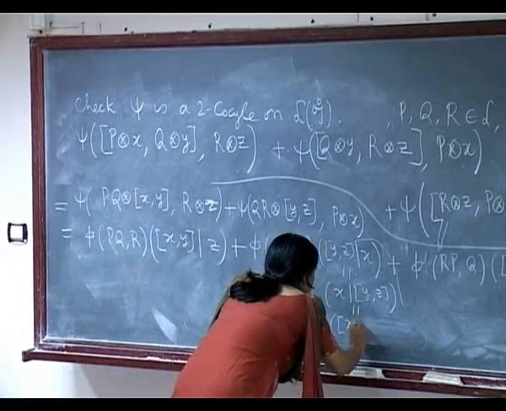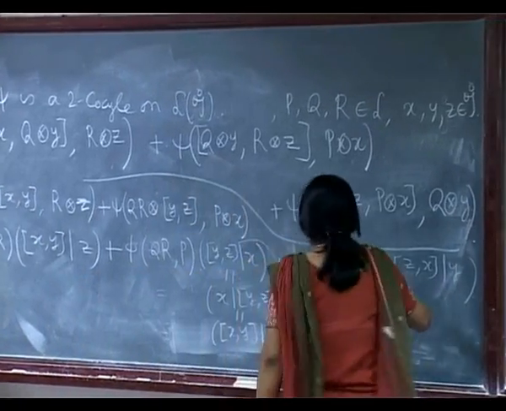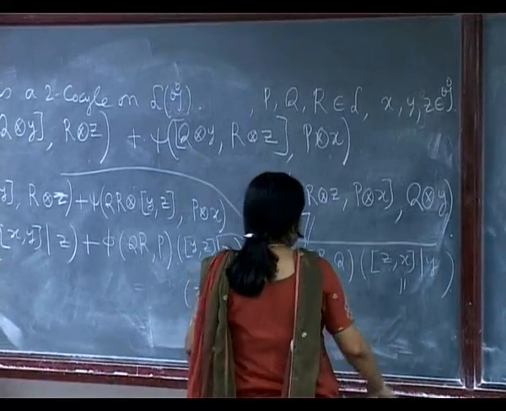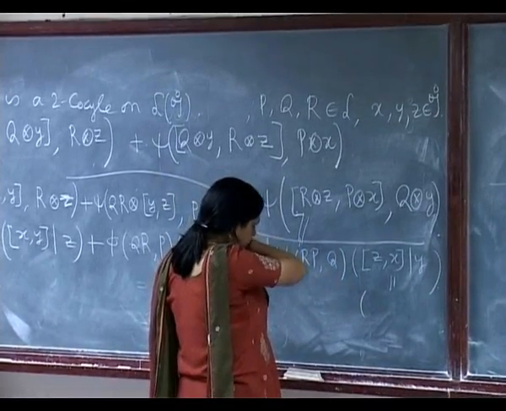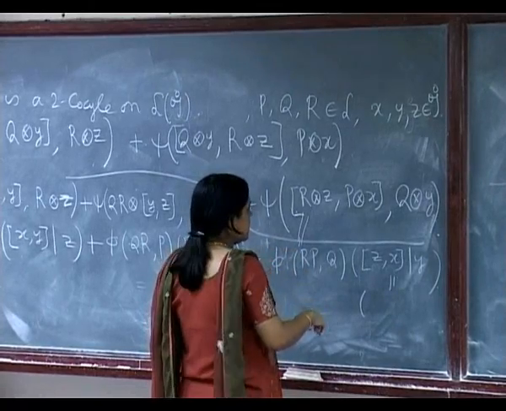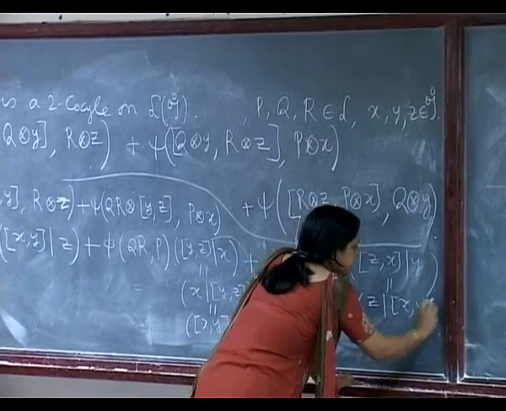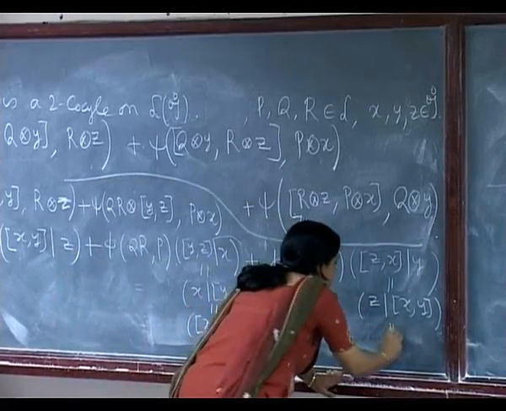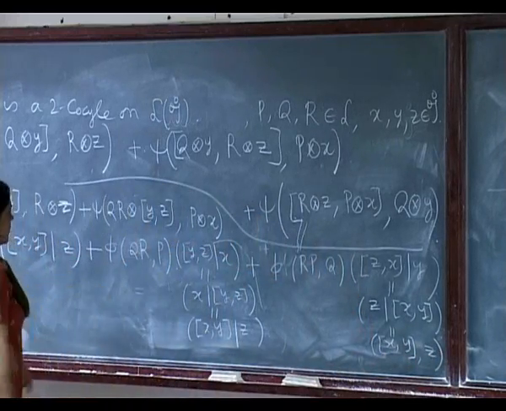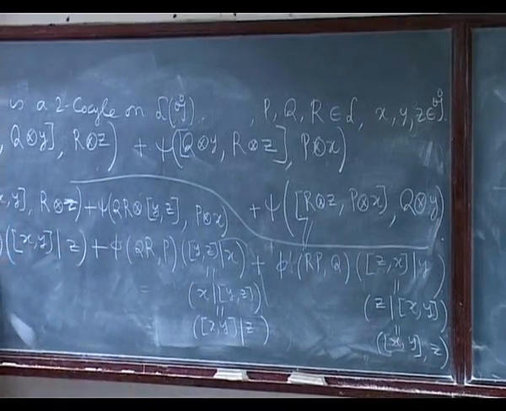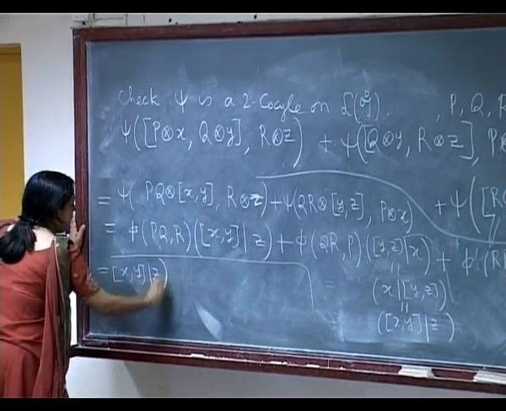For the other term, we want x, y, so first we use the invariance and then the symmetric property.